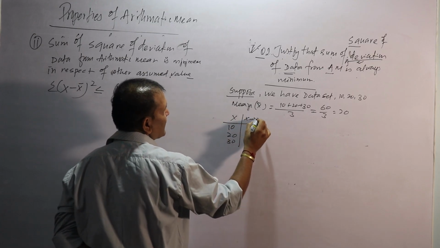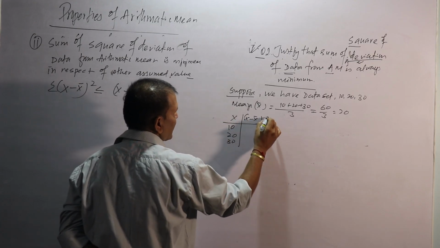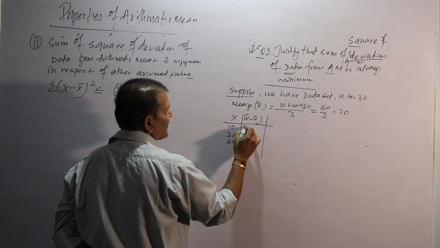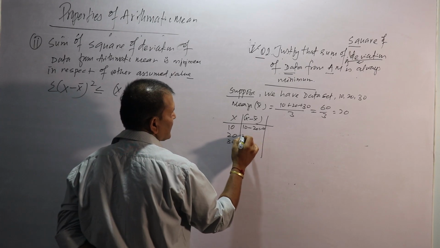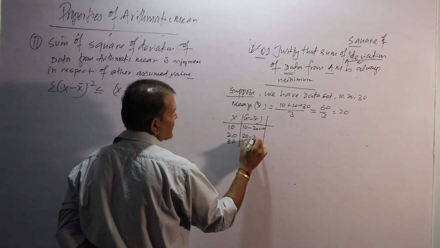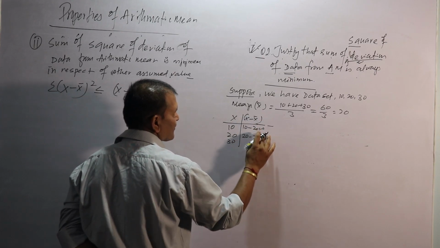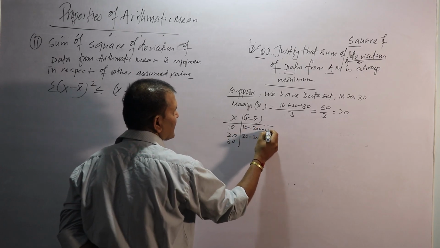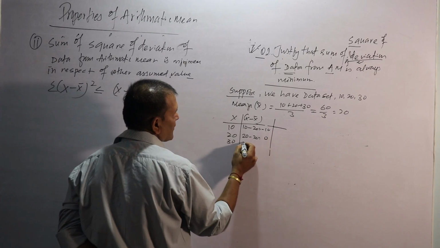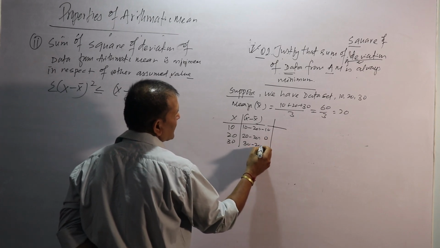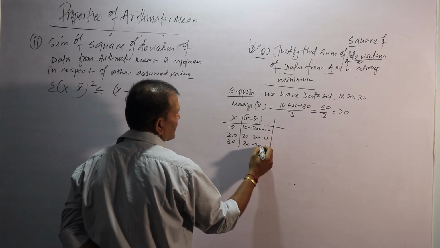Before the square calculation, we have to calculate the deviation. So actual values of the data, x is equal to 10, 20 and 30. Now what is the deviation? X minus x mean. The mean is 20, so 20 minus 10, minus 10, 20 minus 20, 0, and 30 minus 20, plus 10.